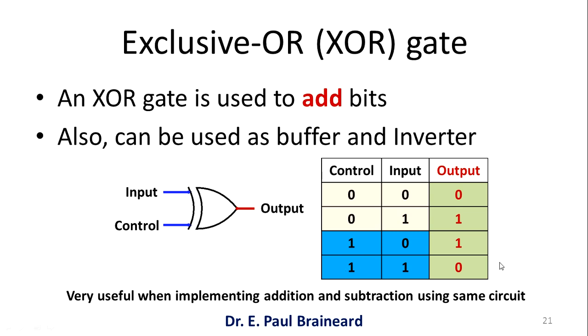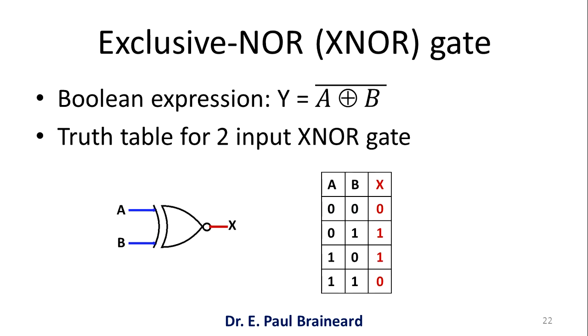What is the application of this circuit? This circuit is very useful when you are implementing addition and subtraction using the same circuit. So, exclusive NOR gate. The Boolean expression is A circle plus B whole bar.